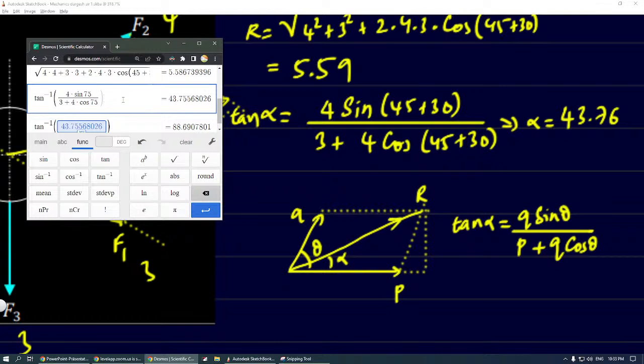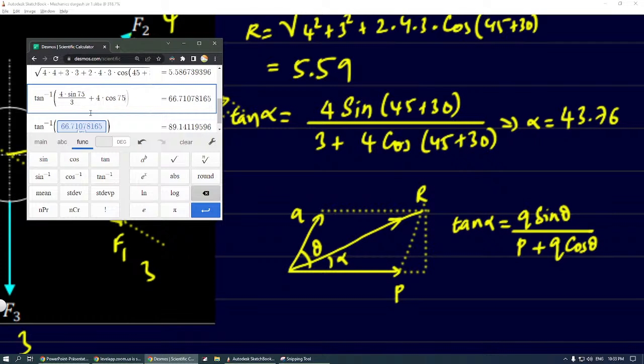I'm getting 43.76, and you're getting 69. Do you have P by Q in your calculator or are you doing it like this? First I'm finding 4 sine 75. How much did you get? 4 sine 75 is 3.86. Did you get 66?